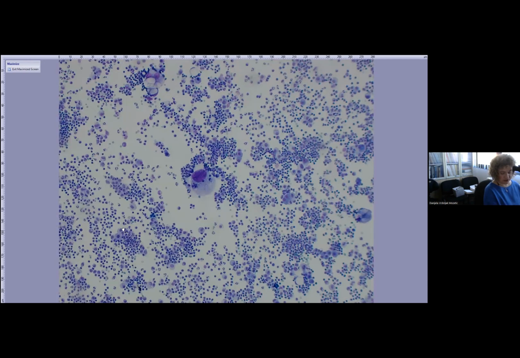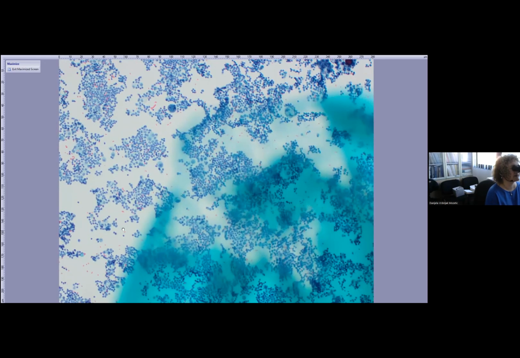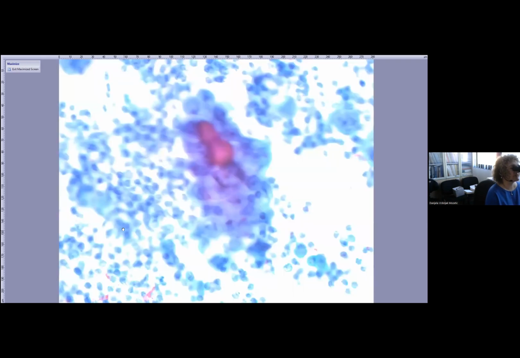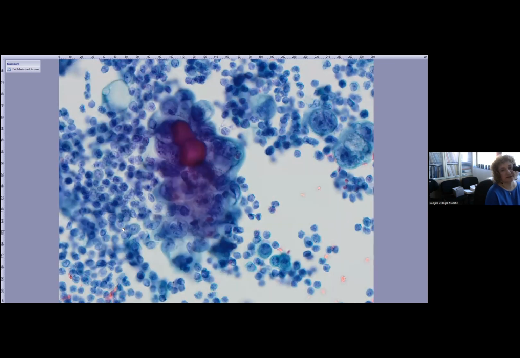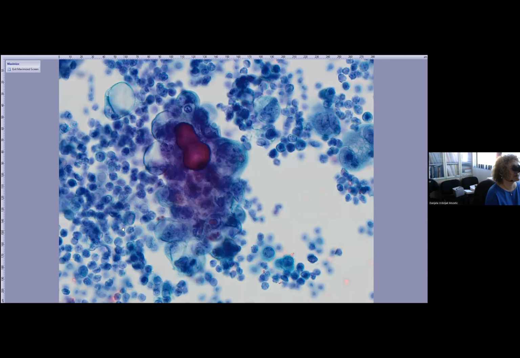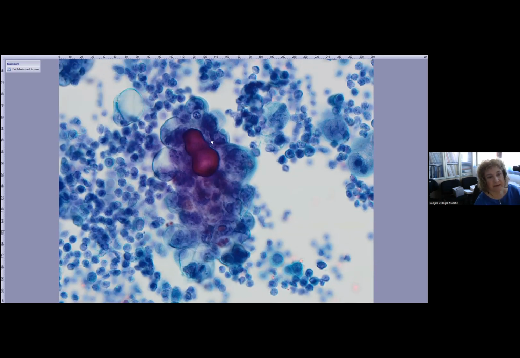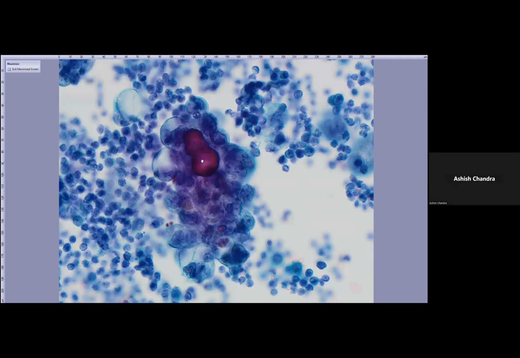So let me just show you these cells in Papanicolaou stain. I was just about to ask. Yes, sure. We always do both stainings. So here, the same cells, and with the psammoma bodies here. You can see the lamellar structure of the dark red psammoma bodies here. Beautiful. You can actually see the laminations on it.